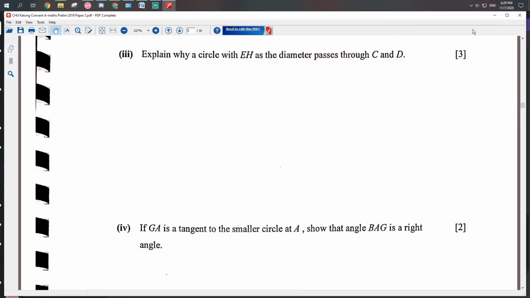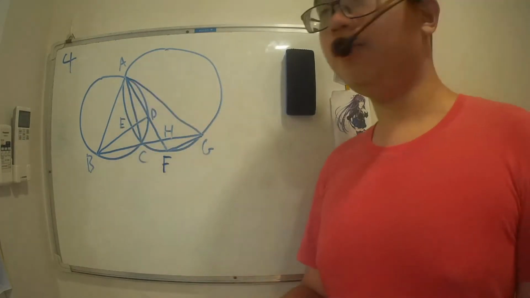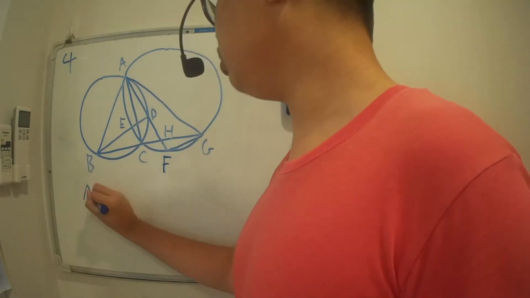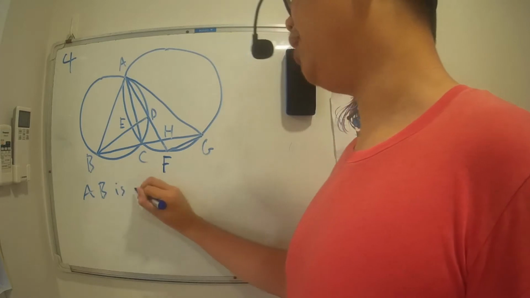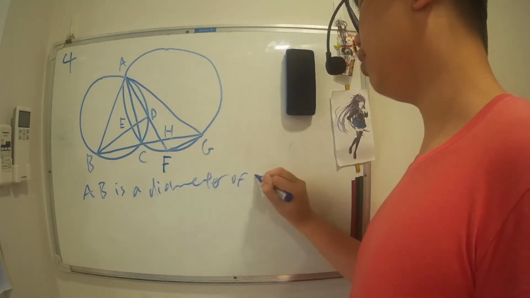Part 4. If GA is a tangent to the smaller circle at A, show that angle BAG is a right angle. Alright? That's really easy. So we have already shown that this is a diameter, okay? So we know that AB is a diameter of the smaller circle.